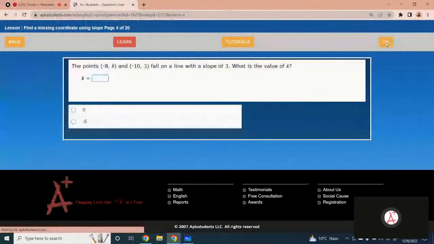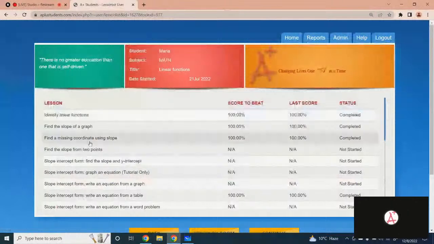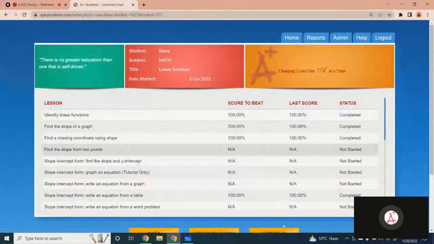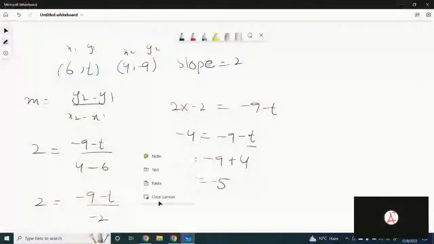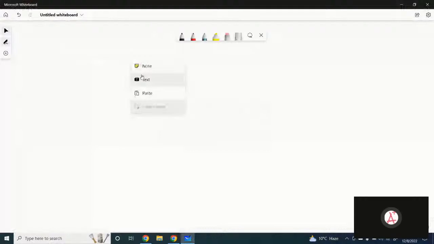Okay, you can complete the test by yourself later today. Let me just move on to the next topic. The next topic is find the slope from 2 points. Let me write down the lesson name.